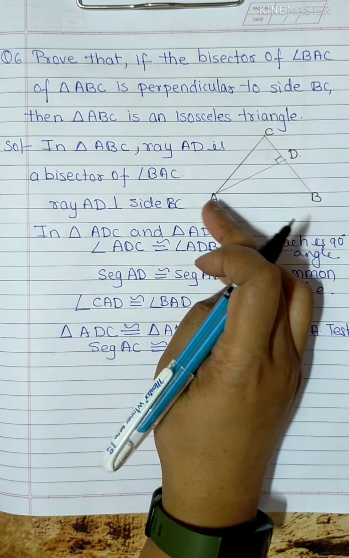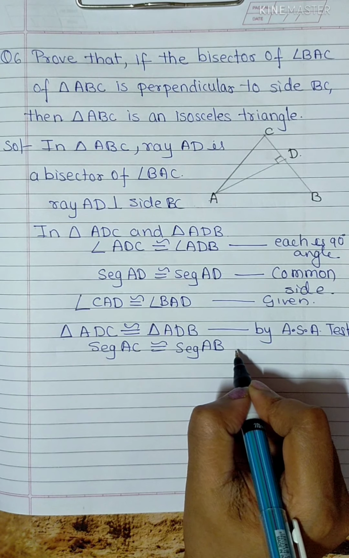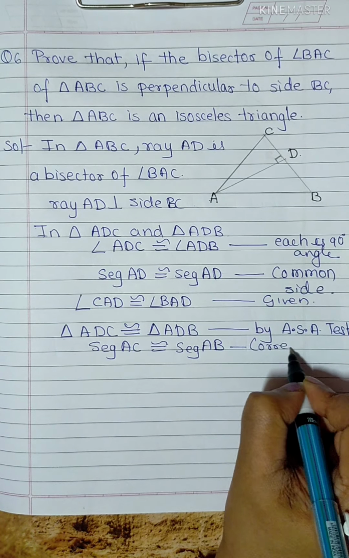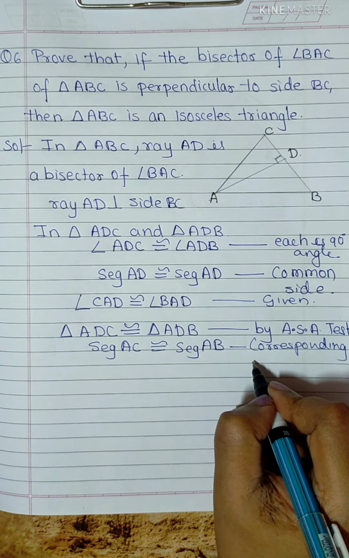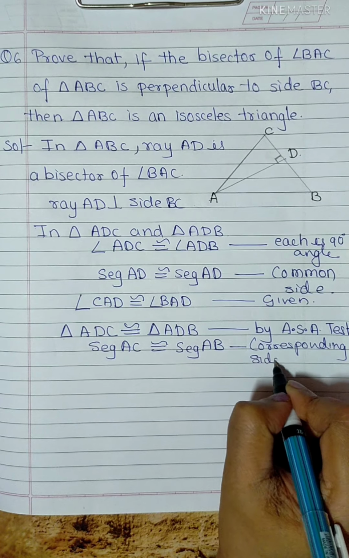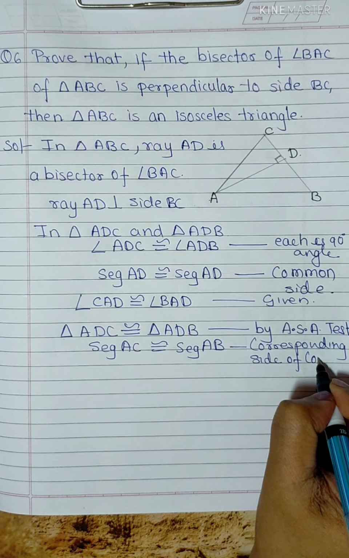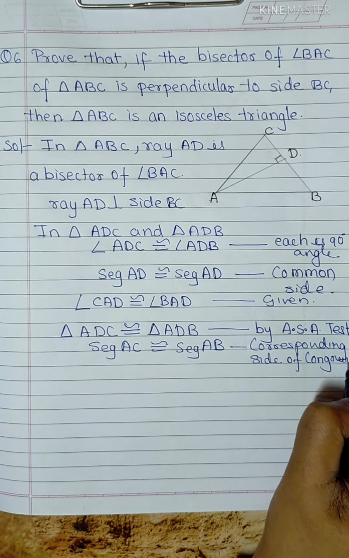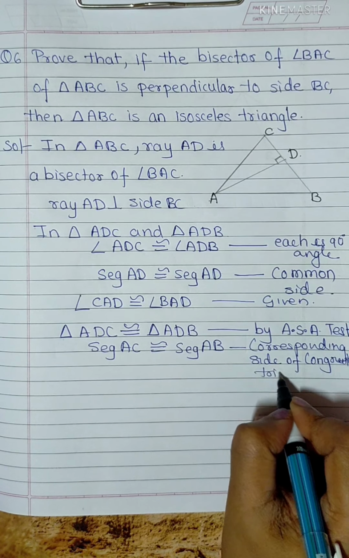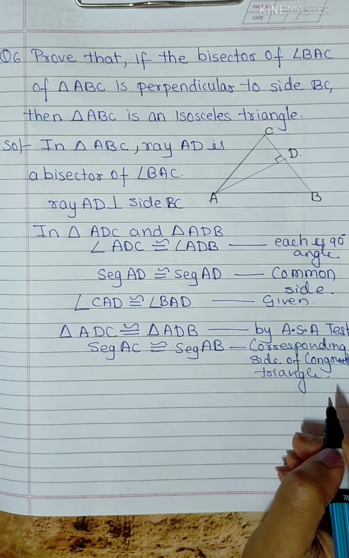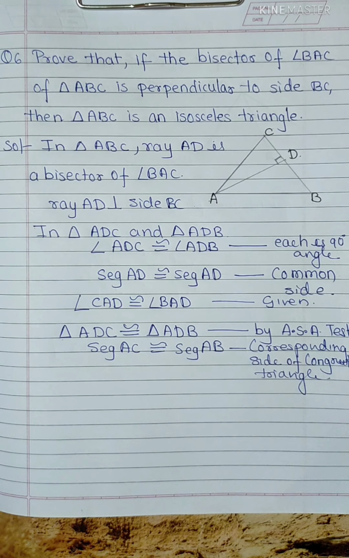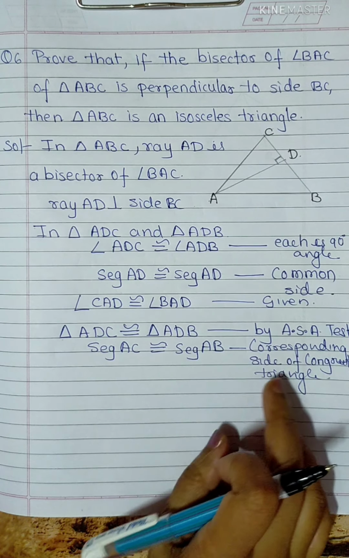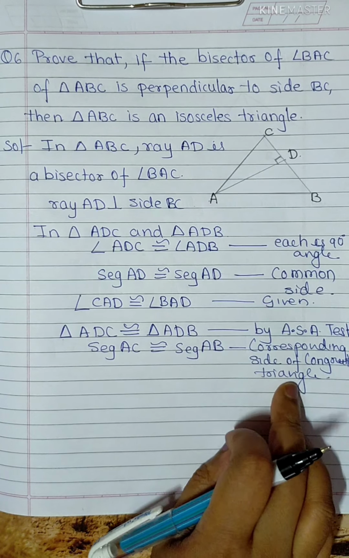Reason is corresponding sides of congruent triangles. In short you can also write CSCT, but I am writing it in full so that you should understand clearly: corresponding sides of congruent triangles.